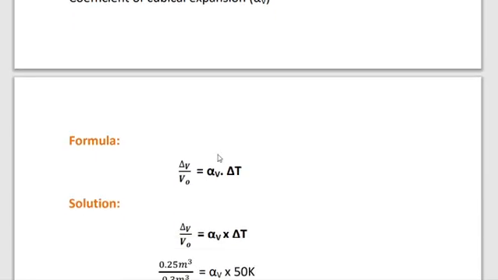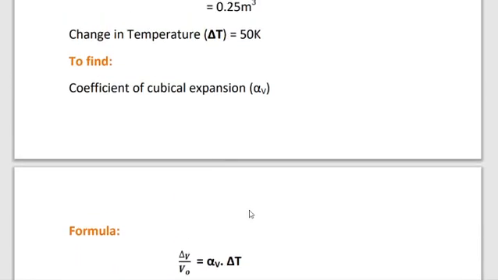What is cubical expansion? We know if there is an increase in the volume of a solid body due to heating, then the expansion is called cubical or volumetric expansion. Alpha V is, we know, the coefficient of cubical expansion. What is the coefficient of cubical expansion?